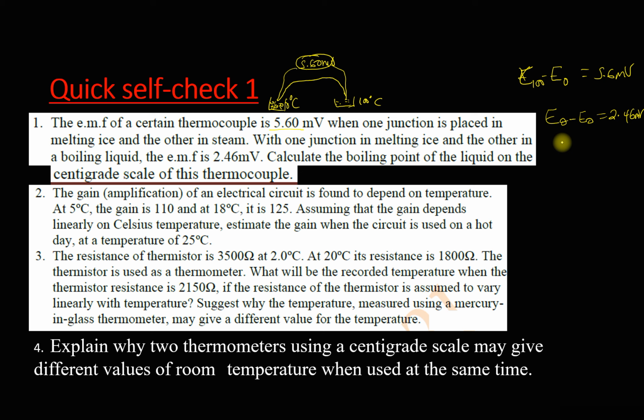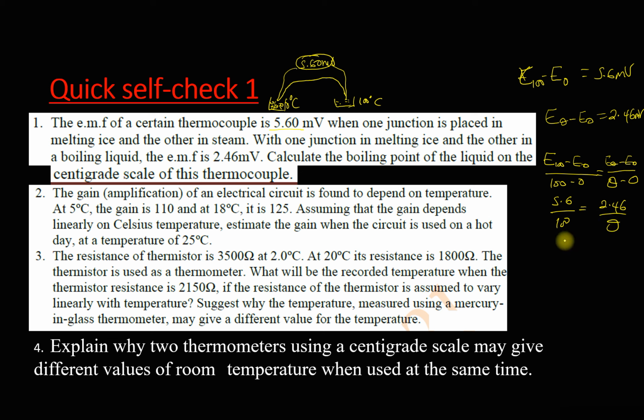So E100 minus E0, divided by 100 minus 0, is the same as E theta minus E0 divided by theta minus 0. So this is going to be 5.6 millivolts divided by 100 equaling 2.46 millivolts divided by theta.